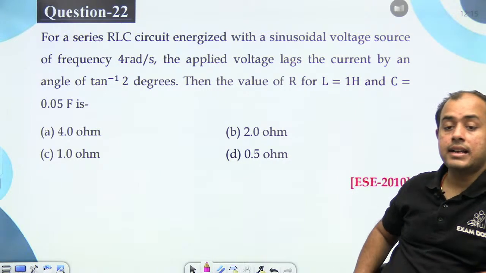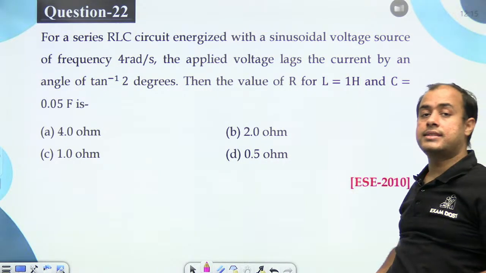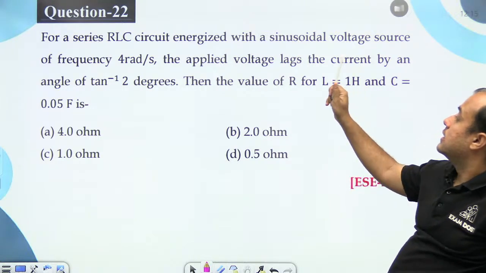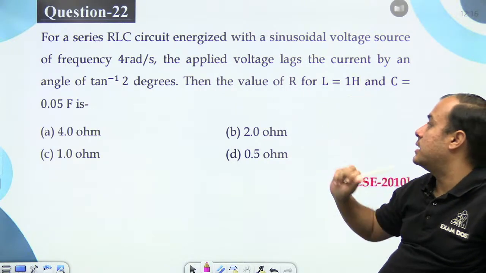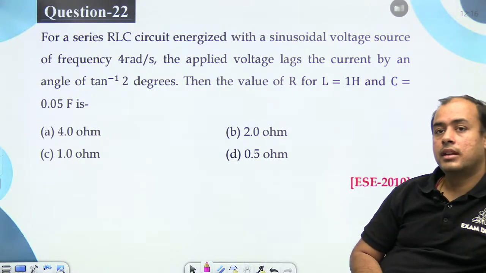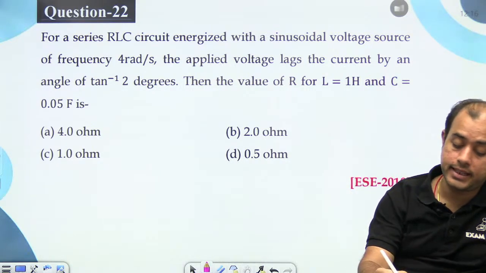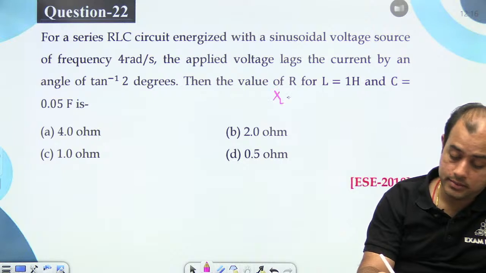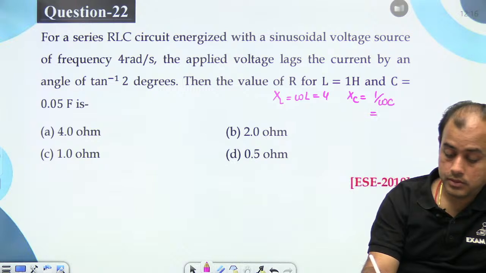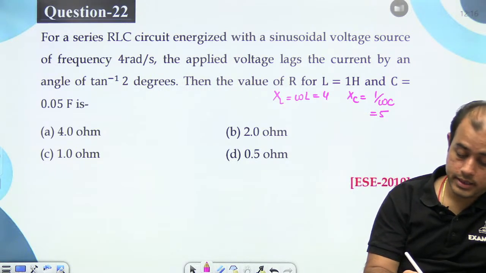For a series RLC circuit energized with a sinusoidal source of frequency 4 radian per second, the voltage lags the current by tan inverse 2. What is the value of R? At 4 radian per second, what is XL? What is XC? 5. Okay.